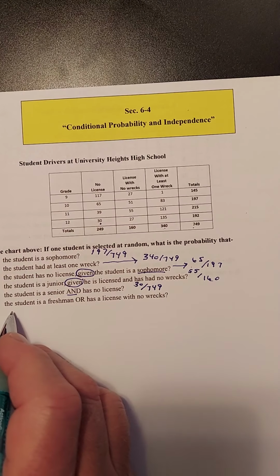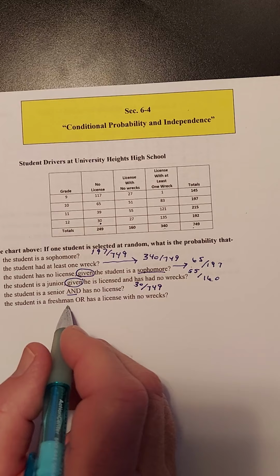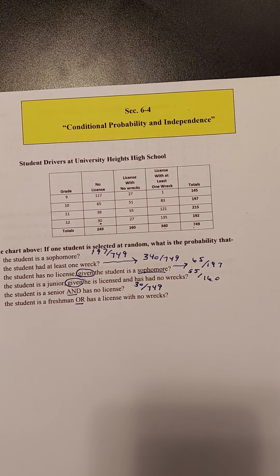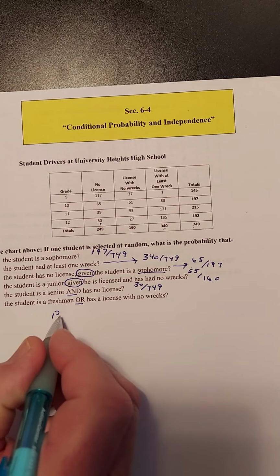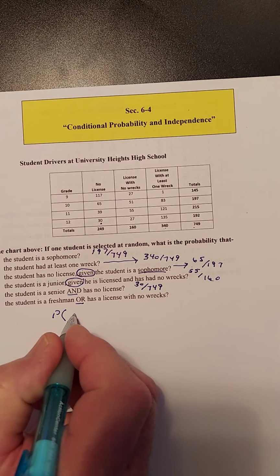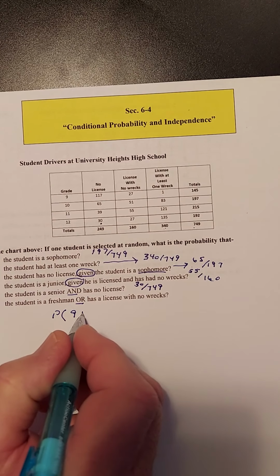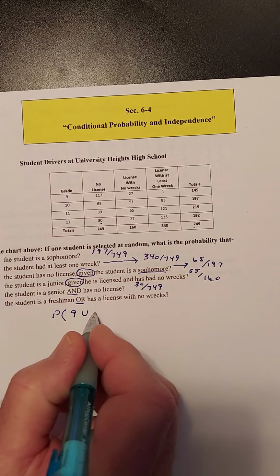Okay, here's my last one on this page. What's the probability that the student is a freshman or has a license with no rec? Well, when you see the word or, we have a formula for that. The probability, I'm going to put 9 for freshman, or means union, license with no recs.